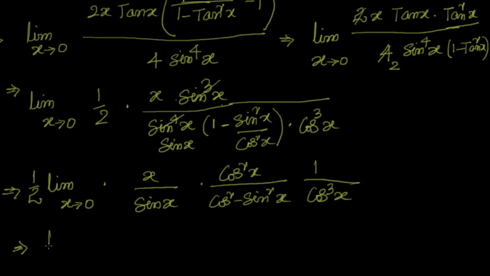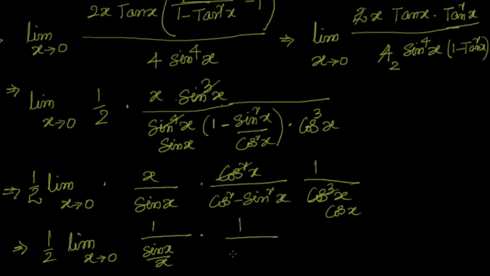That is half into limit x tends to 0 of x by sin x, which I can write as 1 by (sin x by x), then cos square x by cos 2x, and 1 by cos x.